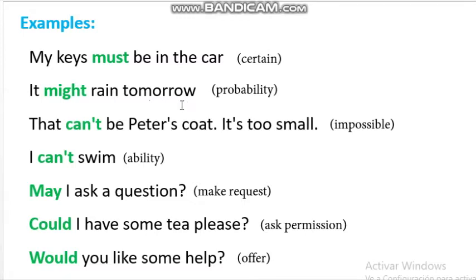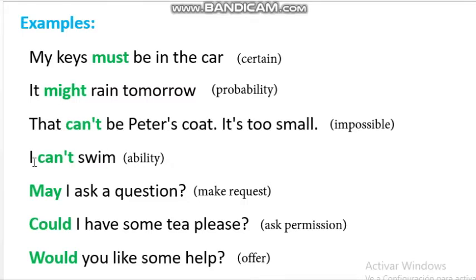I see that the sky is cloudy, so there's a probability that it might rain tomorrow. The next one: that can't be Peter's coat, it's too small. Peter is a really big man, so it can't be his coat. It is impossible.